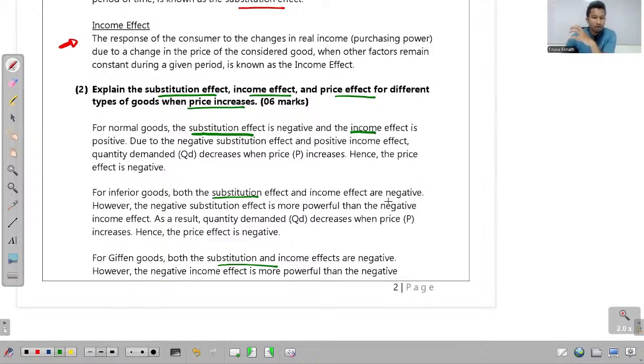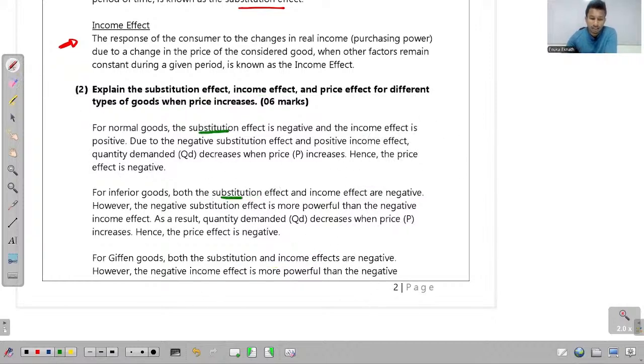And for inferior goods, the income effect is negative. That's why we recognize them as inferior goods. There's a negative relationship between the purchasing power or the real income and the quantity demanded. So we say that for inferior goods, the income effect is negative. That's what you need to explain first.